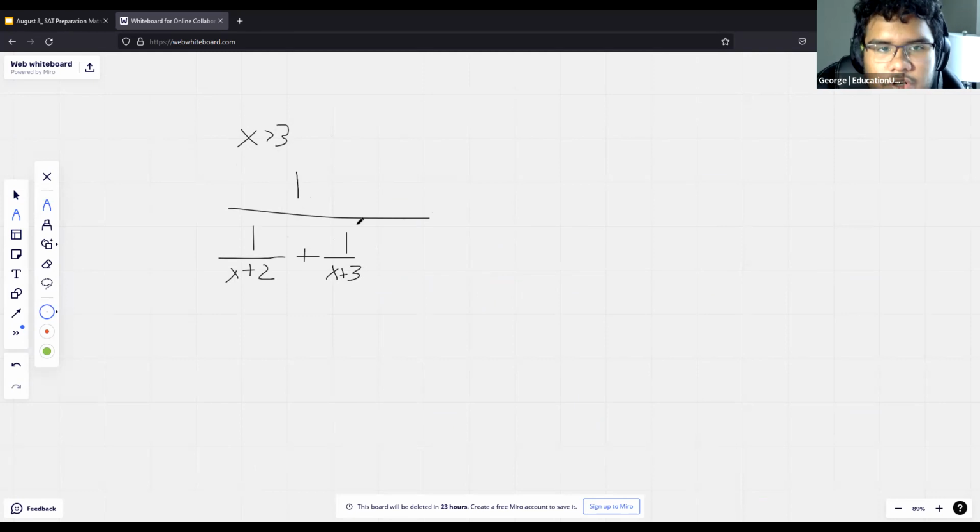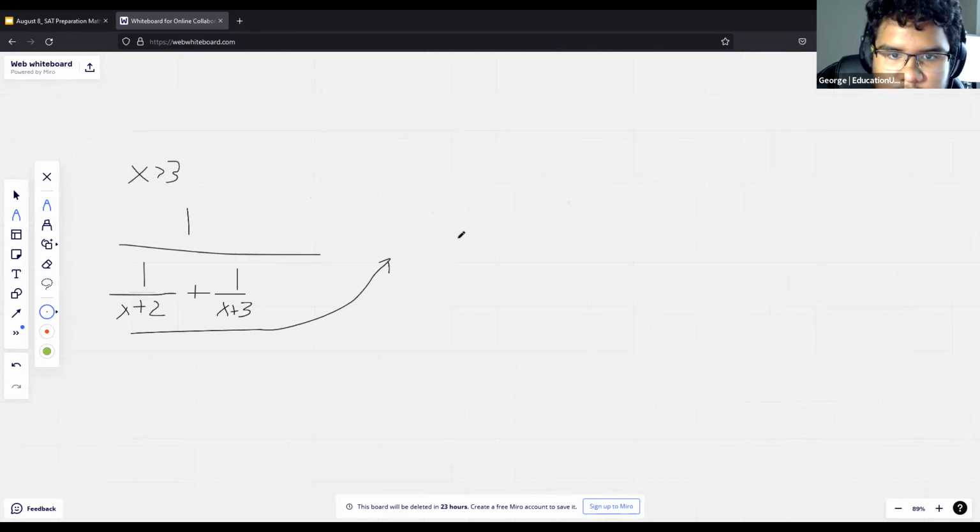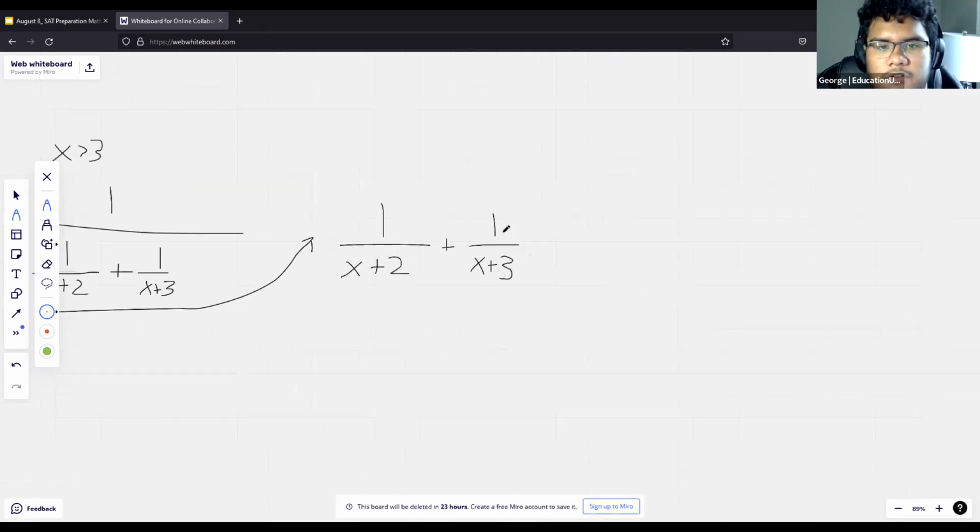Now, to start off, in order to simplify this, we first have to look at the bottom half, which is what we're going to do here. We're just going to look at 1 over x plus 2 plus 1 over x plus 3. What we have here is an addition of two rational functions that don't have the same denominator.